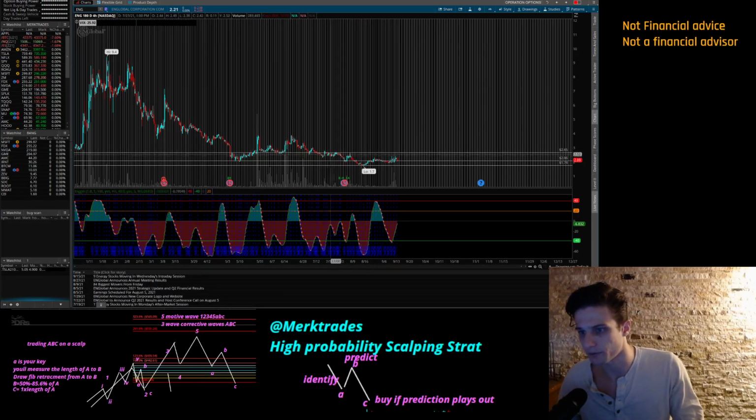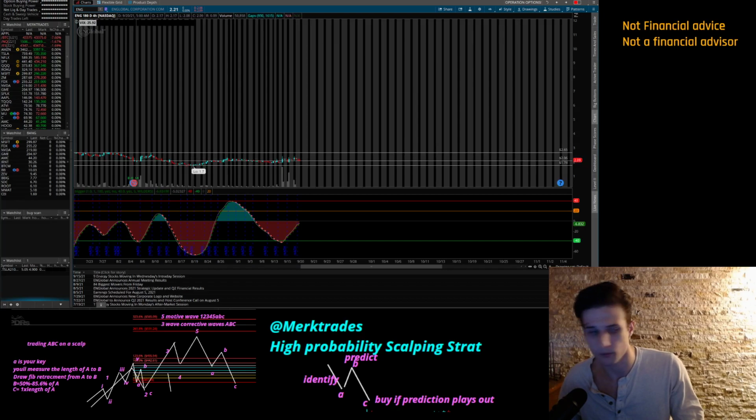And then for our bearish pivots, it's going to be the immediate high, so 2.3.